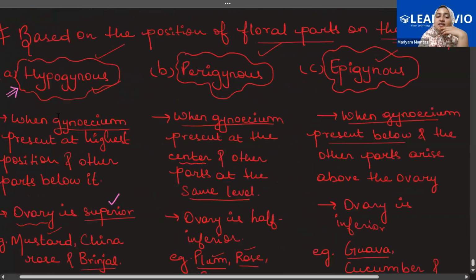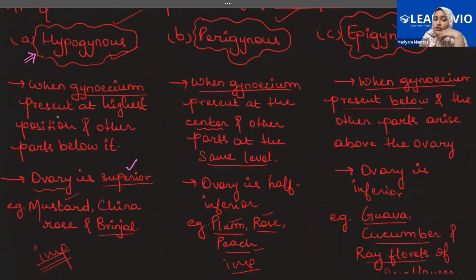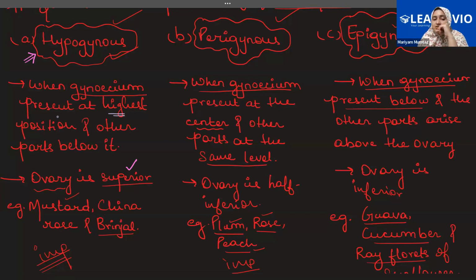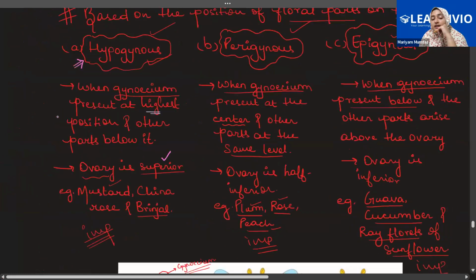Hypogynous is the condition wherein the gynoecium, which is the female reproductive structure of the flower, is present at the highest position and whatever other structures are there are below it. Then we'll call it hypogynous. Here the ovary, which is the female part of the flower, will be superior. Again, the examples here are extremely important.